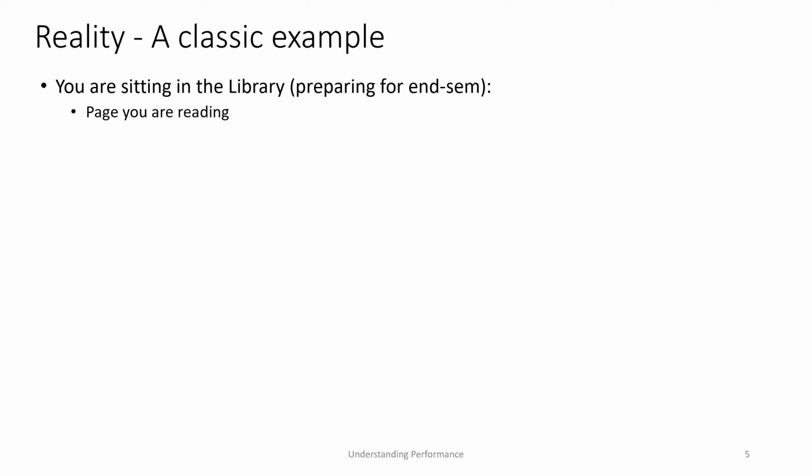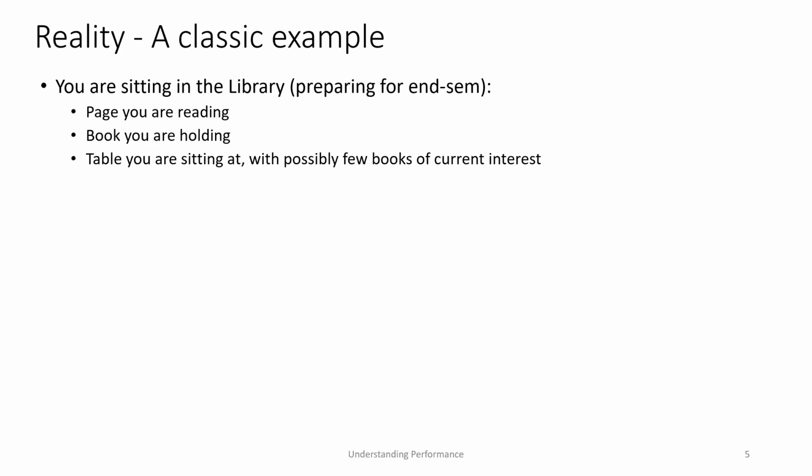Okay. Now, in reality, it's usually explained with an example, right? Assume that you are sitting in a library preparing for exams or some task at hand, and you're reading a single page at a time from a single book that you are holding.